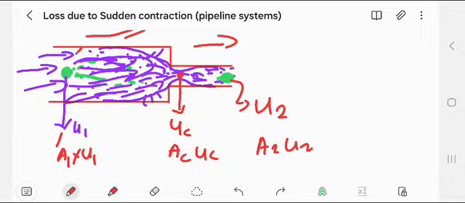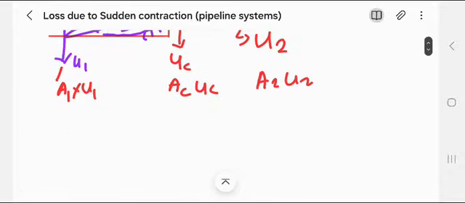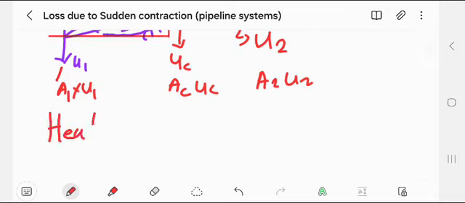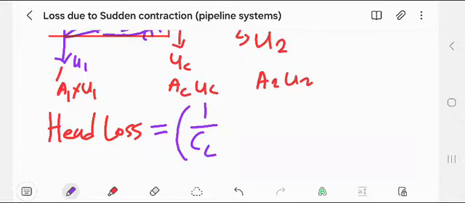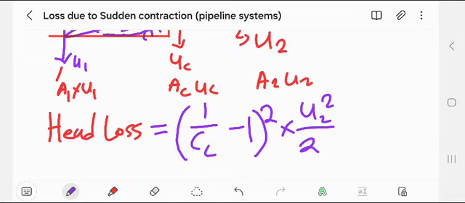To find the head loss due to construction, the head loss will be equal to, in parentheses, 1 over Cc minus 1, squared, multiplied by u squared, remember it is u2 there, over 2g.